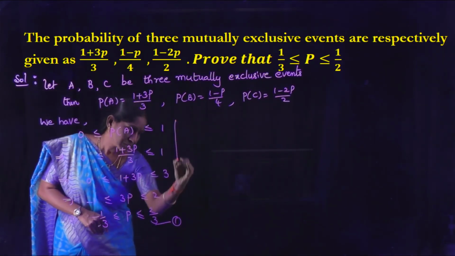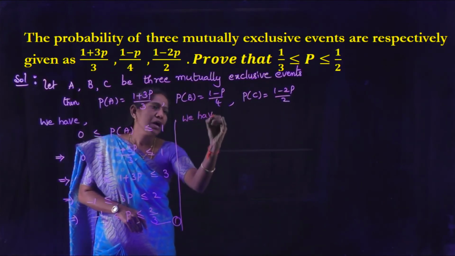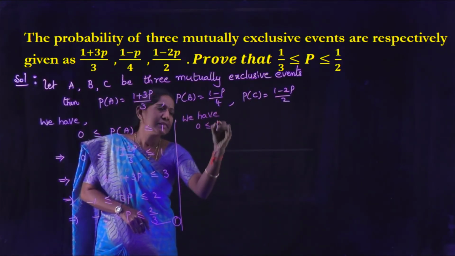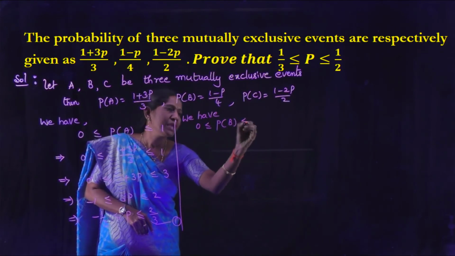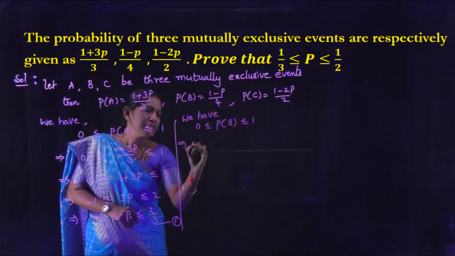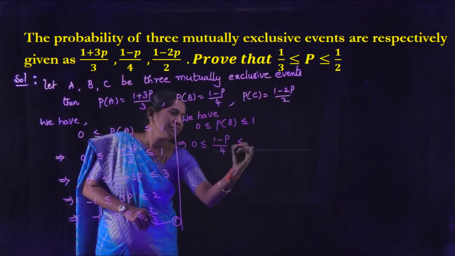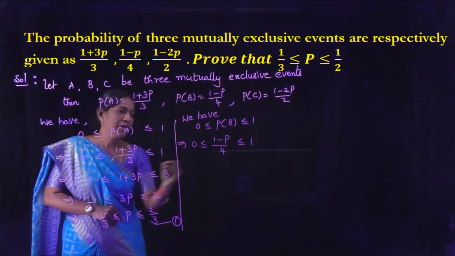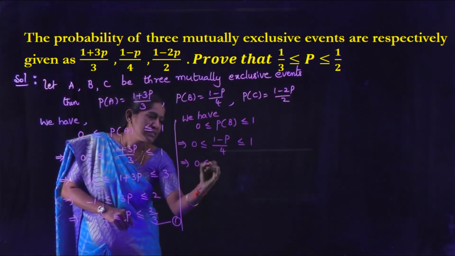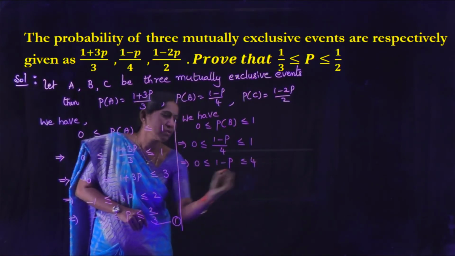And take P of B. We have 0 less than or equal to P of B less than or equal to 1. That implies 0 less than or equal to (1 minus p) by 4 less than or equal to 1. That implies 0 less than or equal to 1 minus p less than or equal to 4.